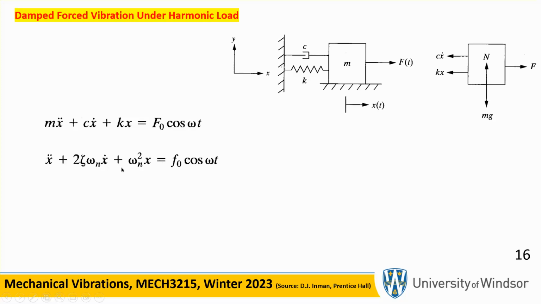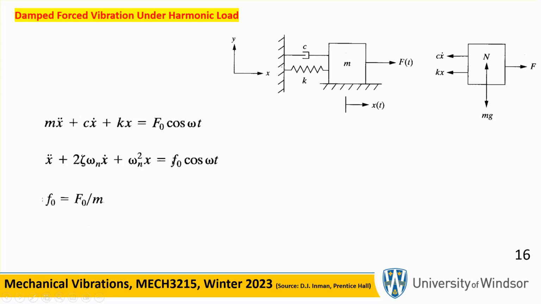Now the good thing is that when you write it like that, there are not three elements, m, c, and k. They reduce to damping ratio and natural frequency. So the advantage of dividing this and writing it in standard form is that the only things in it that are important are omega n and xi. Here, there's m and c and k. It's not quite clear how they relate to each other.